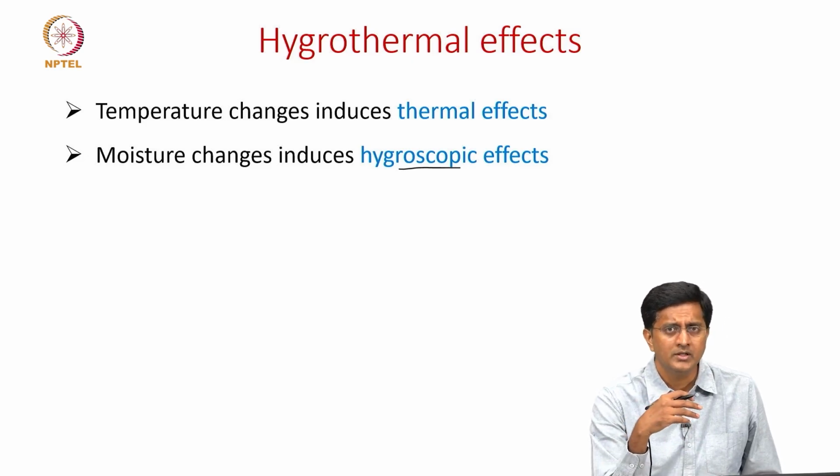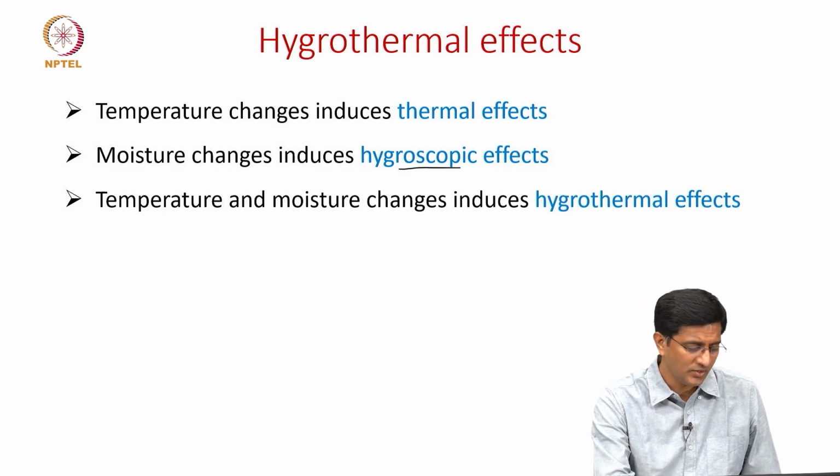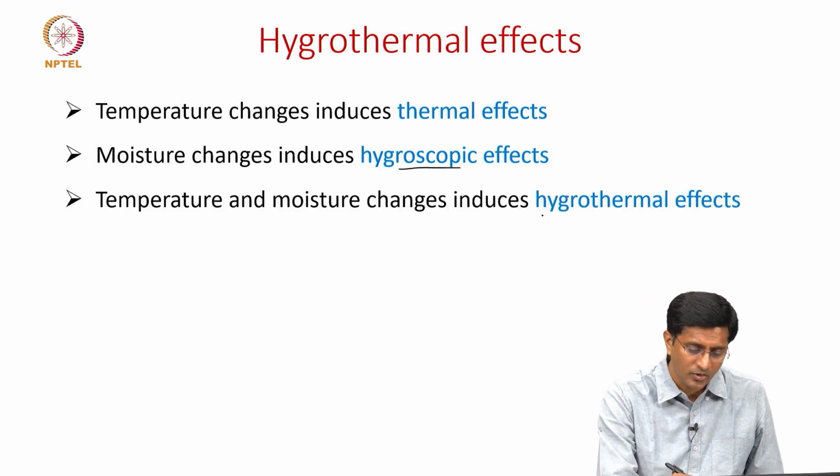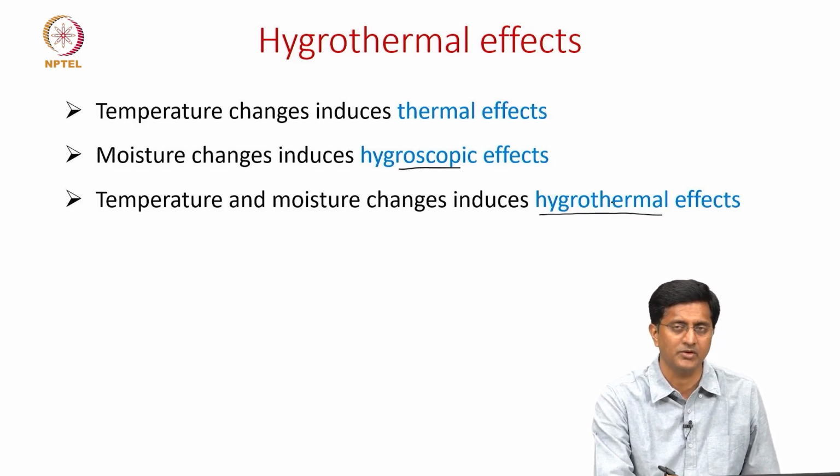But we have been looking at temperature and moisture independently. What if there is both a temperature change as well as a humidity change? That's when we have the hygrothermal effects. Hygrothermal meaning both humidity effects as well as thermal effects.